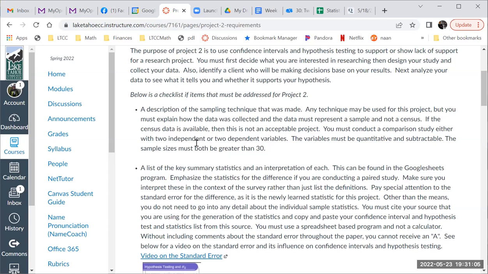Just to note, it's very important, just like project 1, that your entire project talks about the decisions your client might make based on the findings.